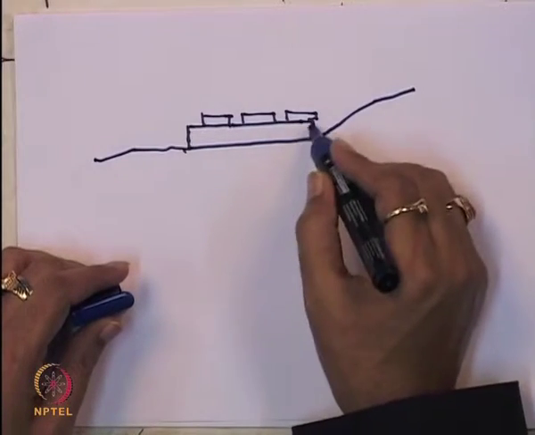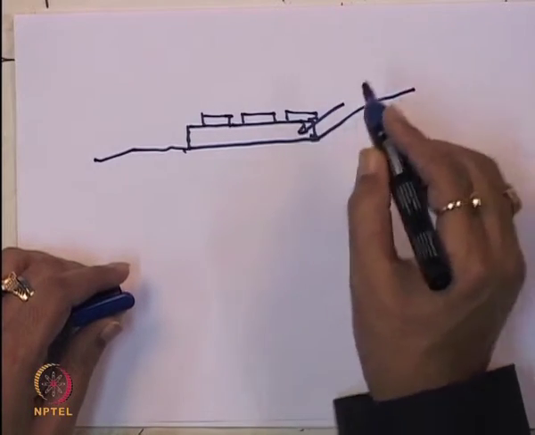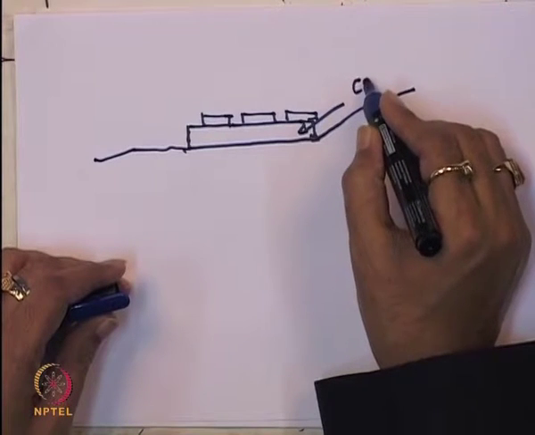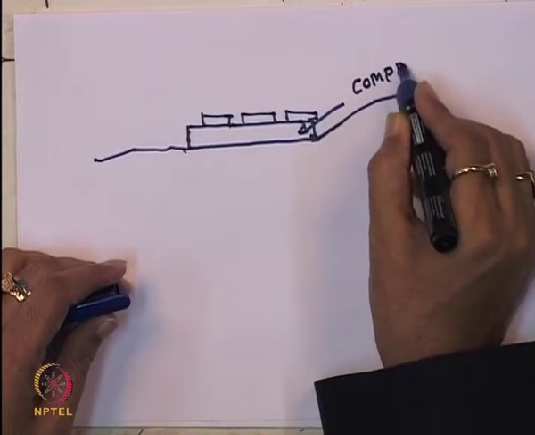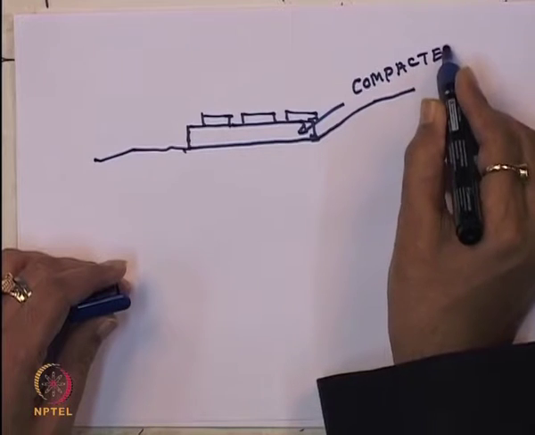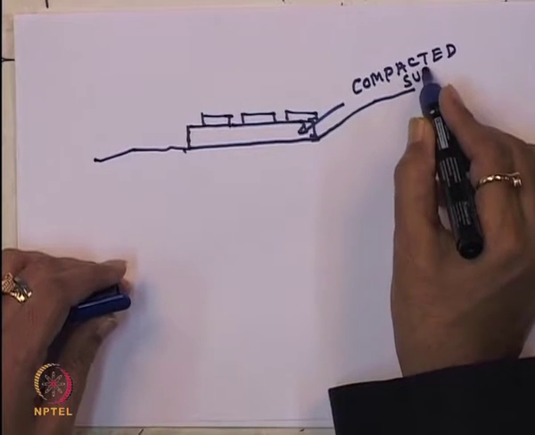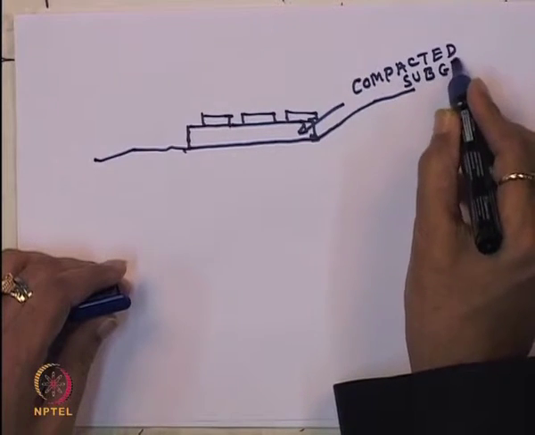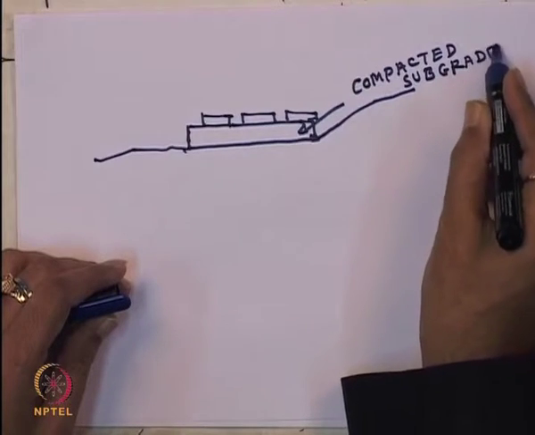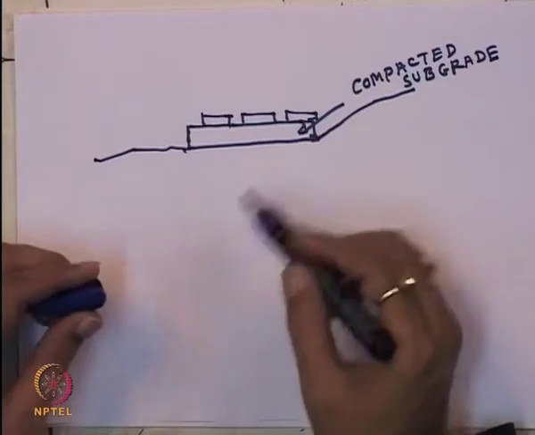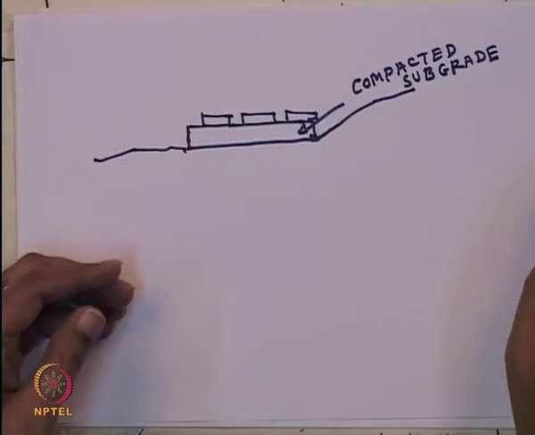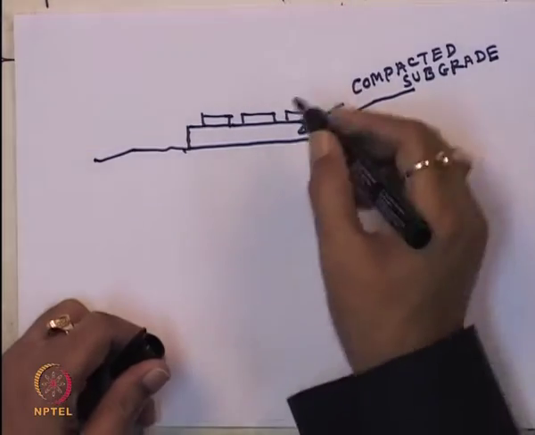Let us say this is compacted subgrade, and this is the pavement.